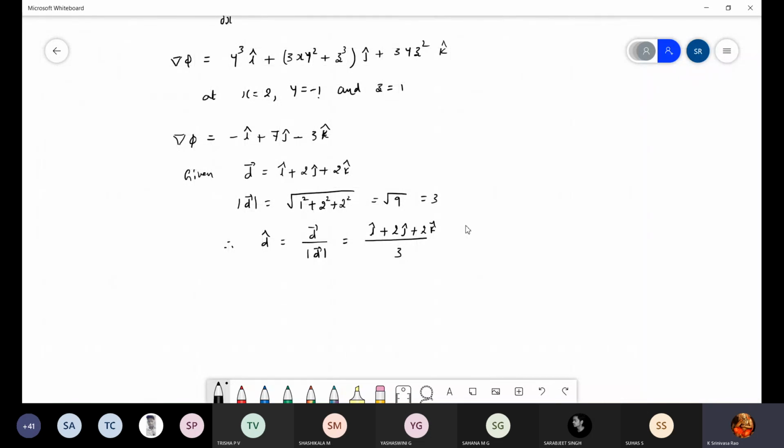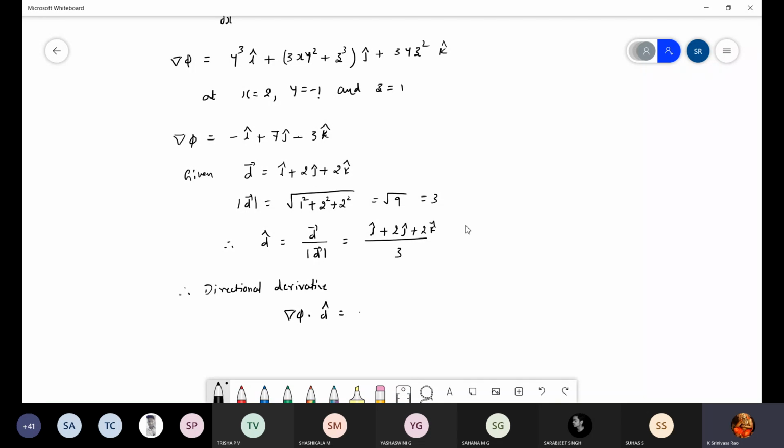Next line, therefore directional derivative equals grad phi dot d cap, I will write in the next line.